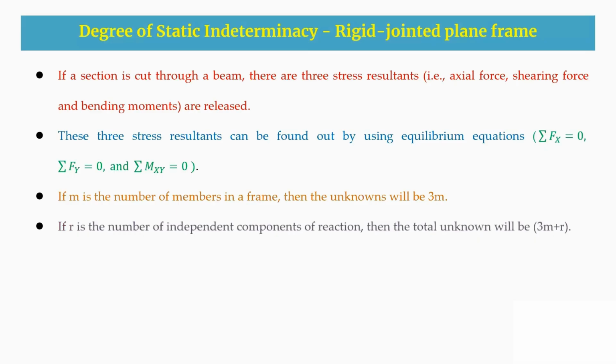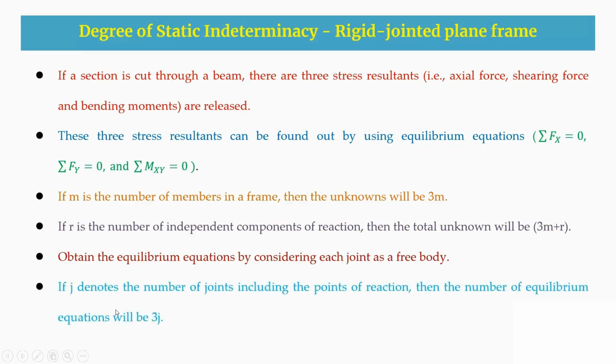Now, if R is the number of independent components of reaction, then the total unknowns will be equal to 3m plus R. To get the equilibrium equations, we have to consider each joint as a free body.